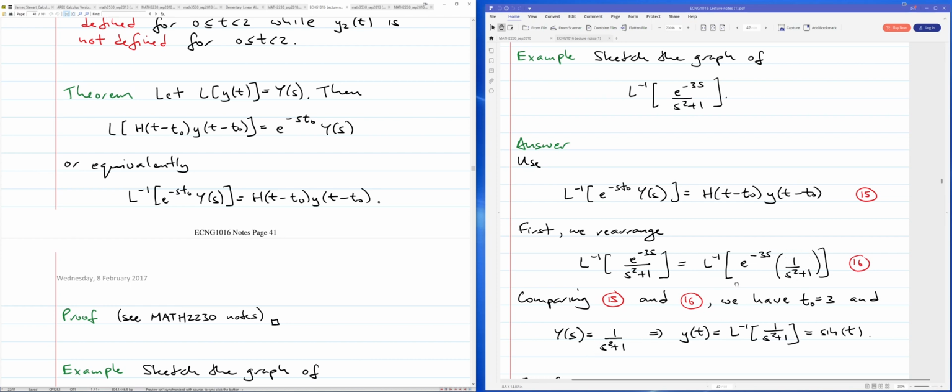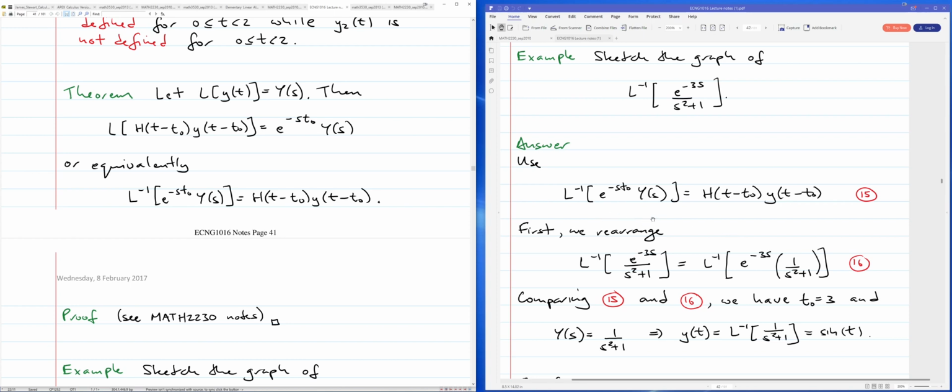And I can also identify what the t0 is. The t0 is the coefficient of the minus s, so the t0 is 3, right? So I identified what the big Y of s is, and what the small t0 is. Small t0 is 3, and the big Y of s is 1 on s squared plus 1, right?